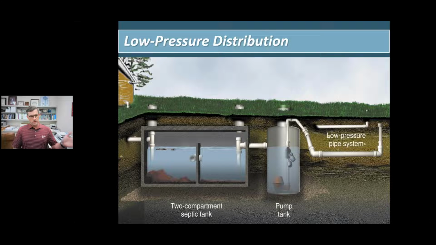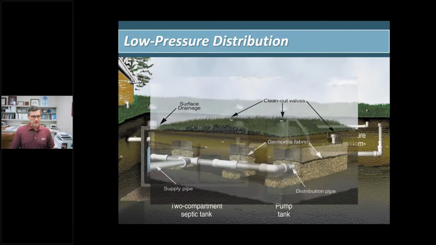But here, when your effluent moves out, it simply goes into the tank, and if you notice on this vertical pipe, there are 3 little floats. Each of those floats, the same concept, you have a low, middle, high, and once the water gets up, that high float will float up and trigger the pump to come on. Once it goes back down to the low float, it can cut off. It's simply moving the water out, dispersing it. Hopefully it's treated, it's a land application.